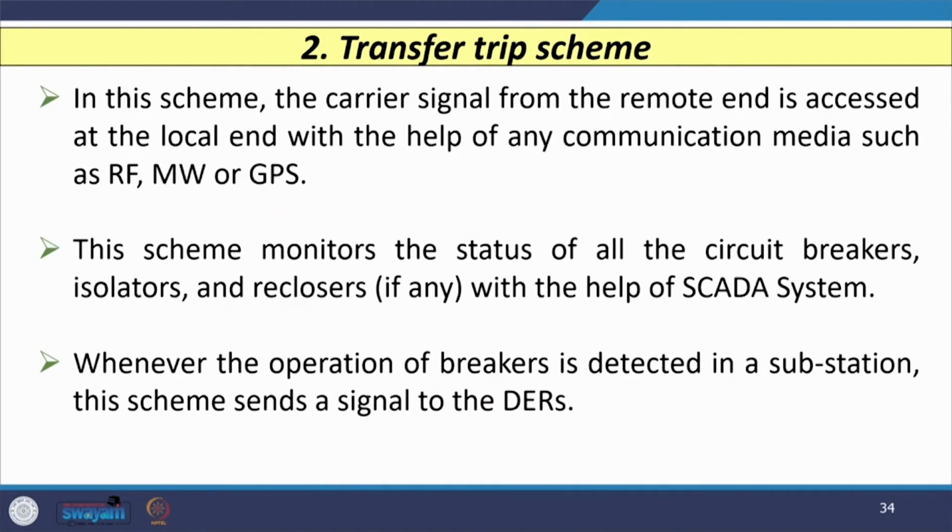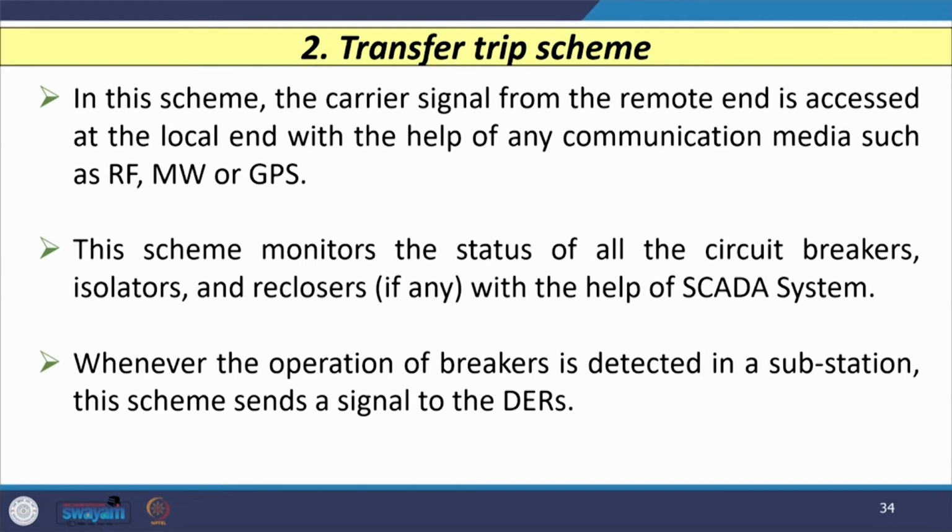The second category of scheme that is used in remote detection technique is the transfer trip scheme. In this scheme, the carrier signal from the remote end is assessed at the local end with the help of any communication medium such as radio frequency or microwave frequency signal or GPS.